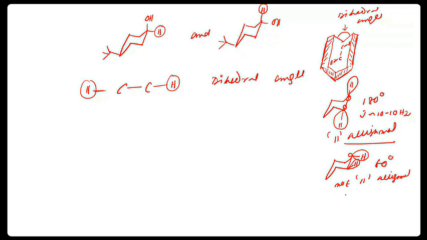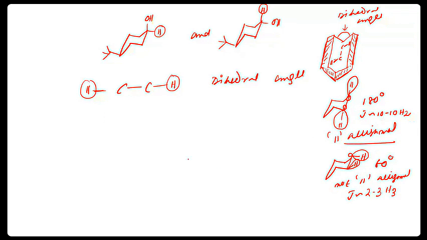So coupling will be weak, and the coupling constant is a value like 2 to 3 hertz. So at a dihedral of 180 degrees, this is a parallel alignment, we have stronger coupling, higher J value. Weaker coupling, lower J value. We'll use this to explain these things.